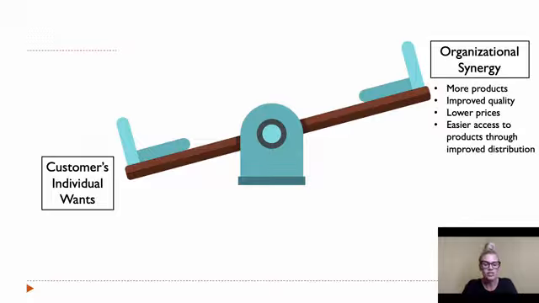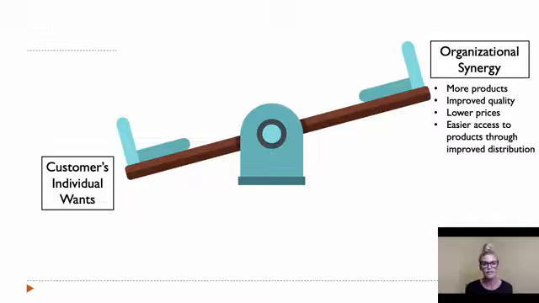Now, the organization should also achieve increased revenues and profits from the product differentiation and the market segmentation strategies that it's going to use. So ultimately, it becomes a balancing act, because if you segment too much, then you have too many options available.